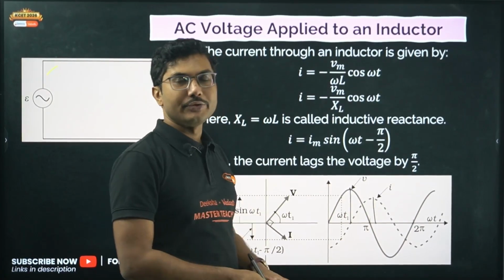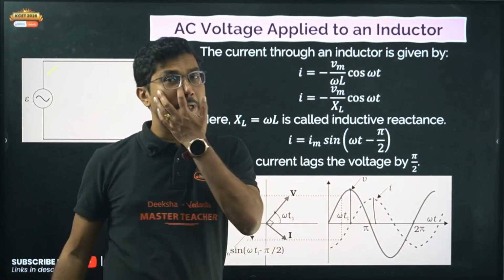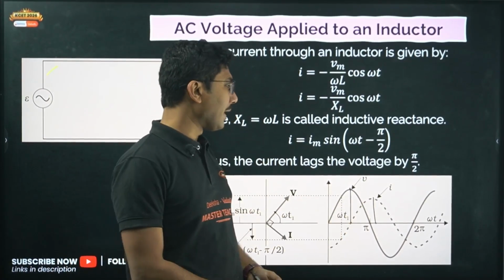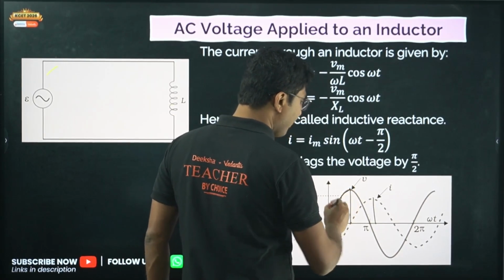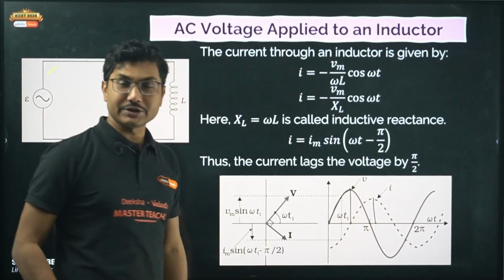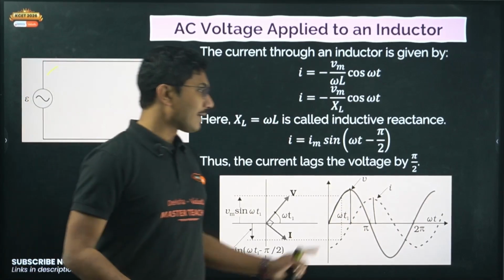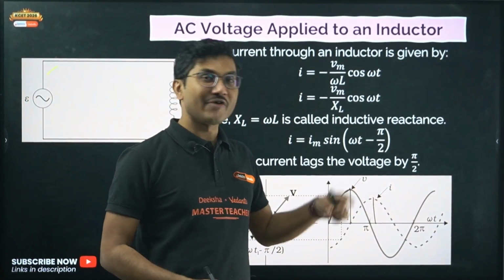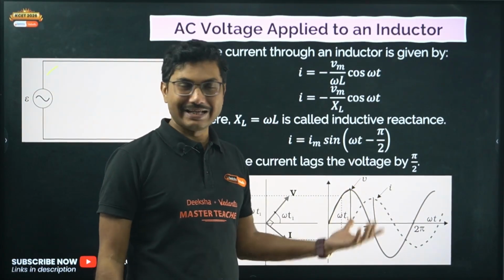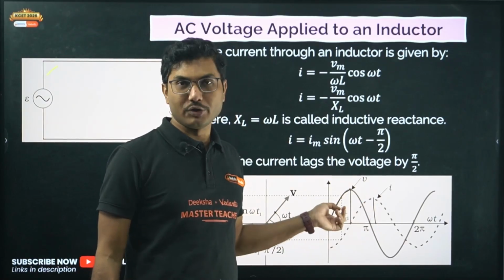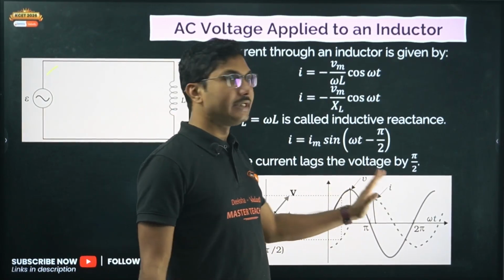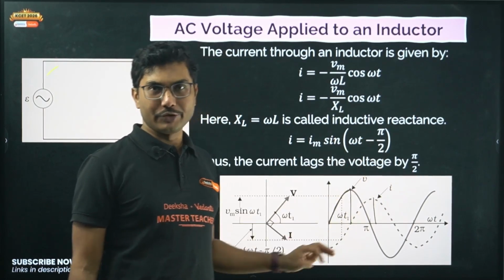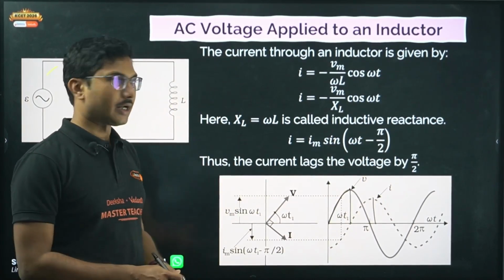In some cases the phase difference may not be exactly pi by 2, but you have to understand that whoever reaches the maximum value first is leading, and whoever reaches the maximum value next is lagging. So here current lags the voltage, or voltage leads the current. It is both ways around.